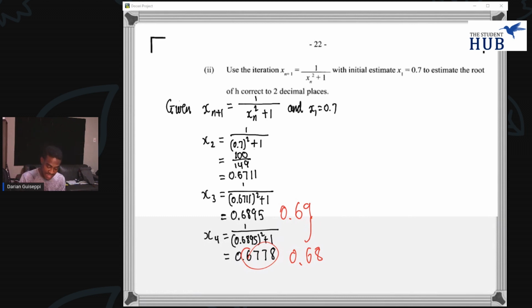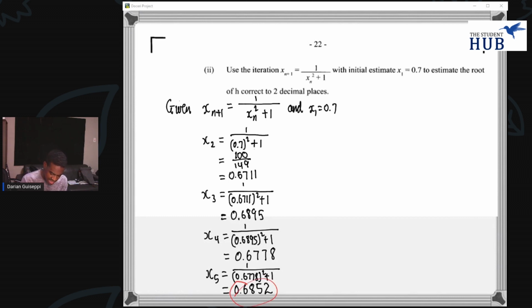We have to find x5. So let's find x5, right? Using 0.778, which is x4, we get this for x5. x5 approximated to two decimal places would be 0.69.